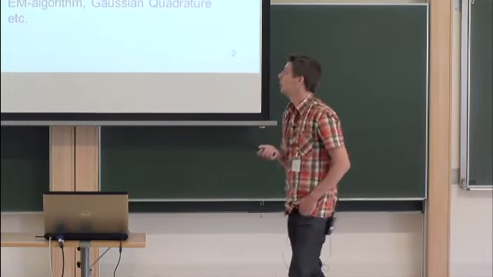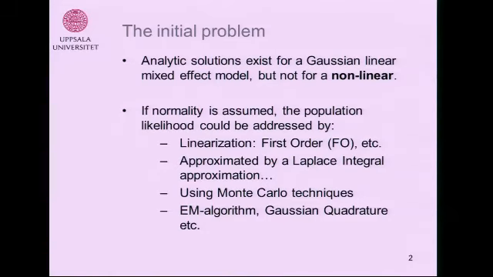So, I will actually do quite a lot of background here, initial problems, and try to talk about the nonlinear marginal likelihood and different ways to go from there to the Fisher information matrix for a linear Gaussian.